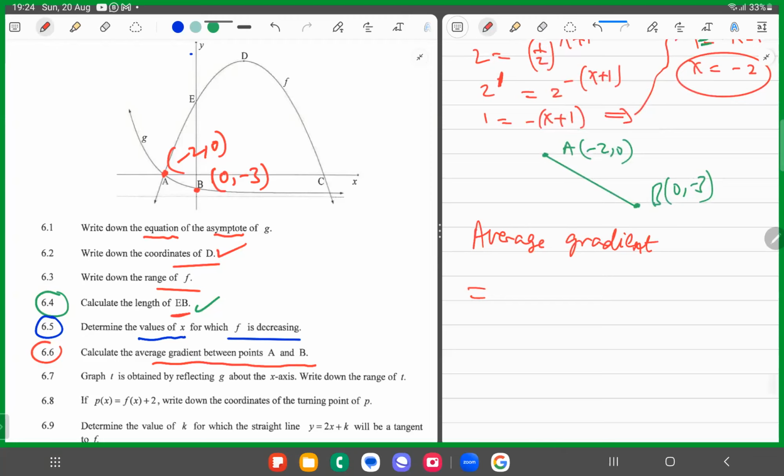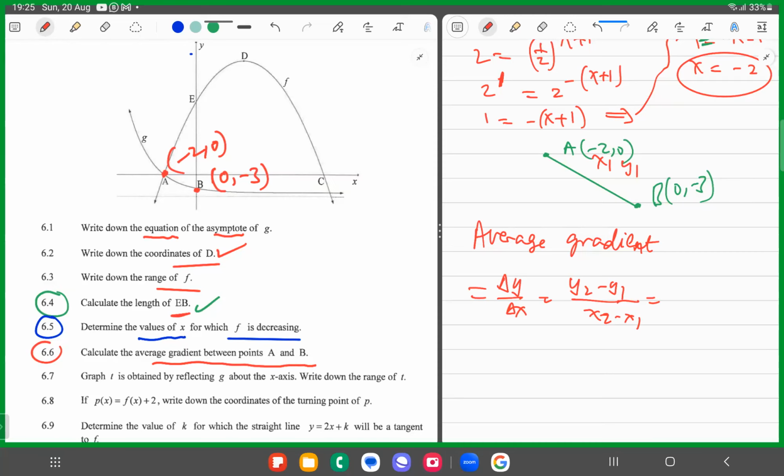So the average gradient is change in y over change in x: y2 minus y1 over x2 minus x1.